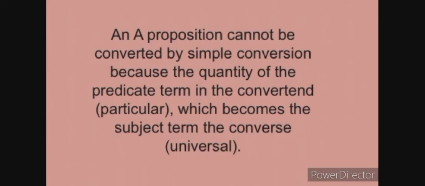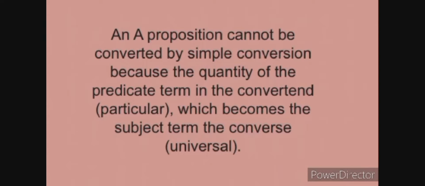So, the example here is: all dogs are animals. All animals are dogs. So, ang subject sa all dogs are animals ay yung all dogs, while the animals is the predicate of the sentence. So, kapag naman formulated siya in a simple conversion, nagiging all animals are dogs.